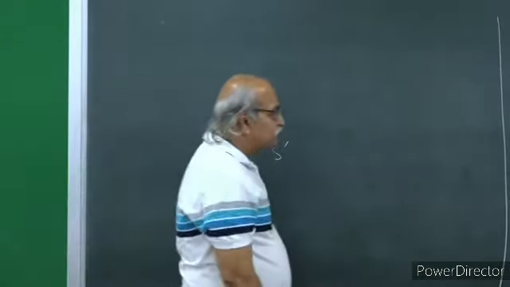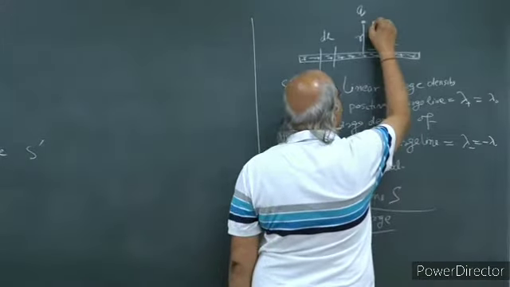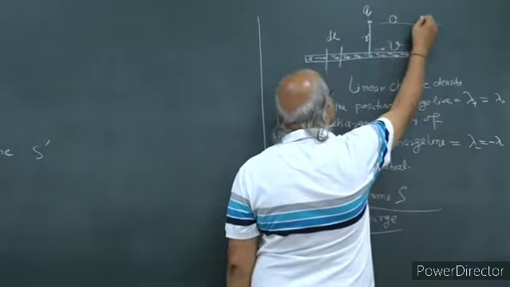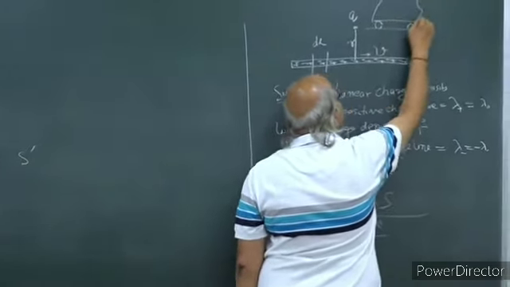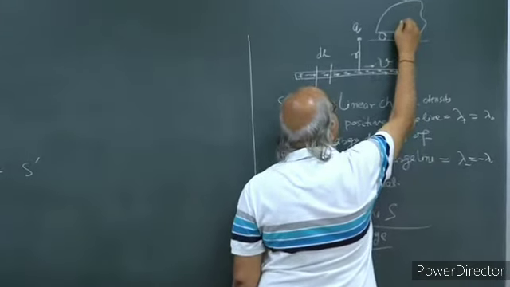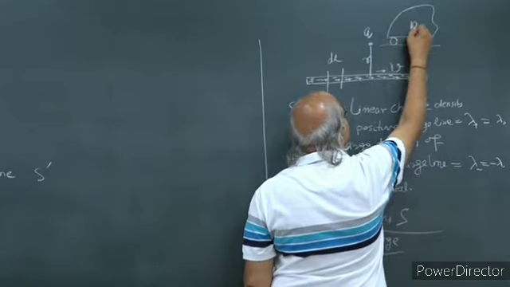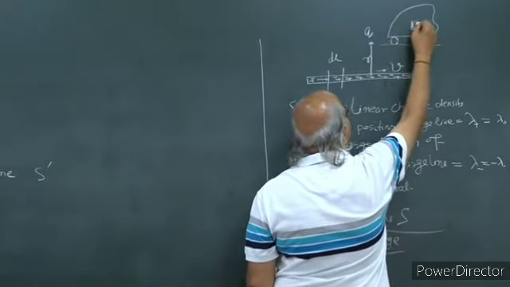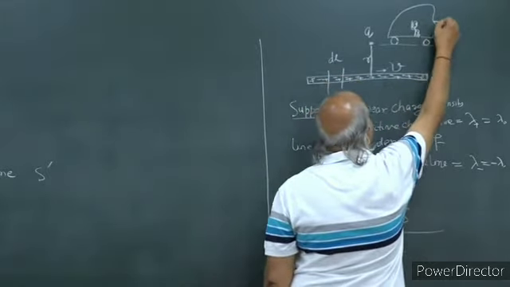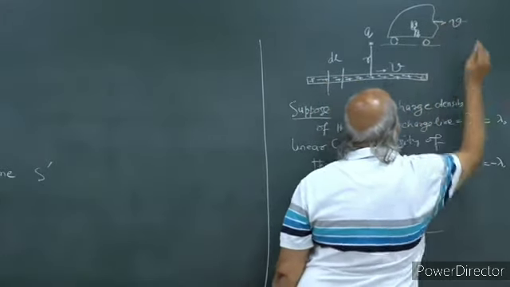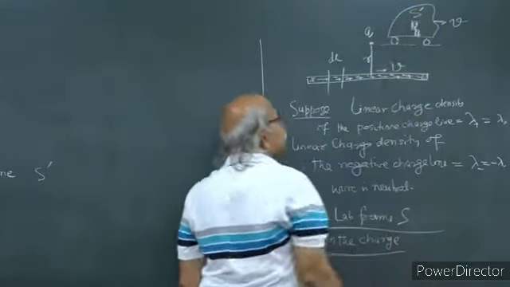If this frame is moving, suppose in the lab you have some kind of a trolley, and someone is sitting here, looking at the whole situation, and this trolley is going with a velocity v. This is our S prime frame.